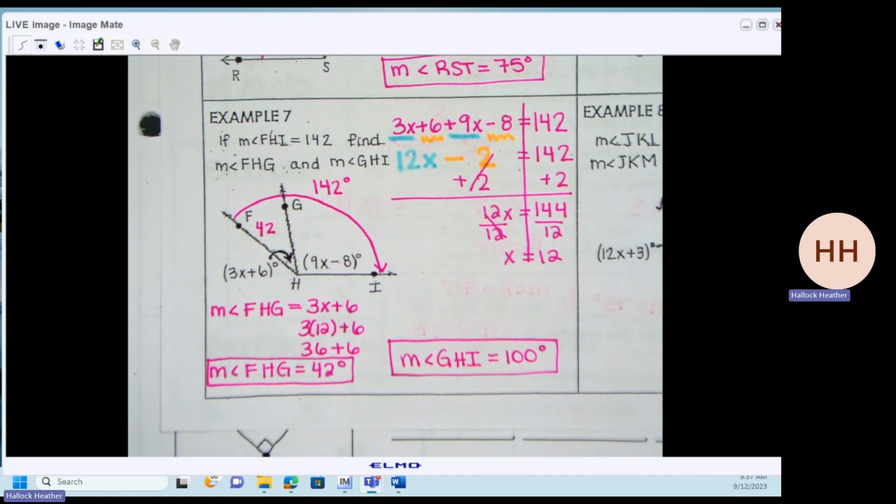So try to set up the last example. I think we need for the problem. Read the directions.